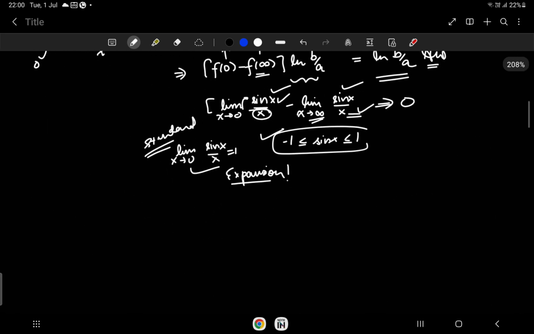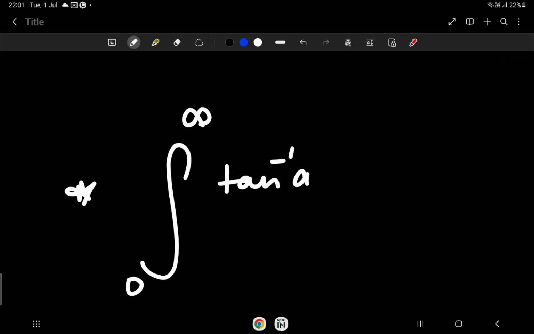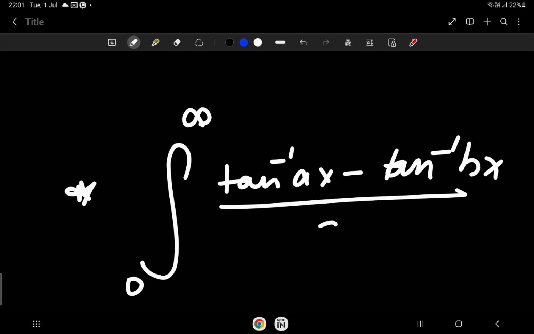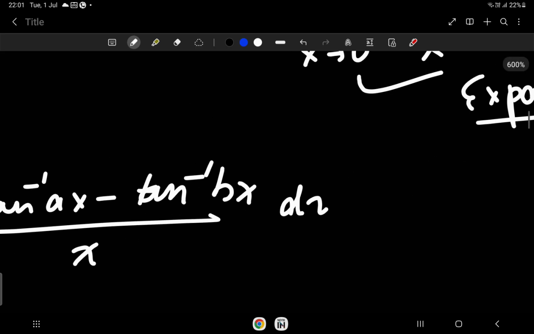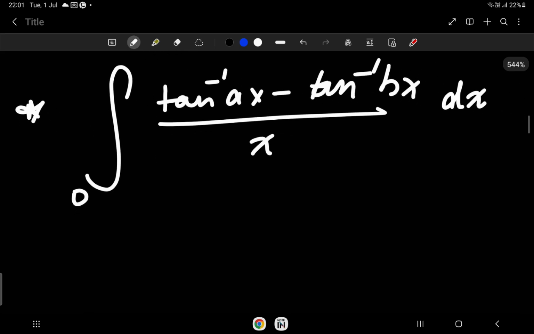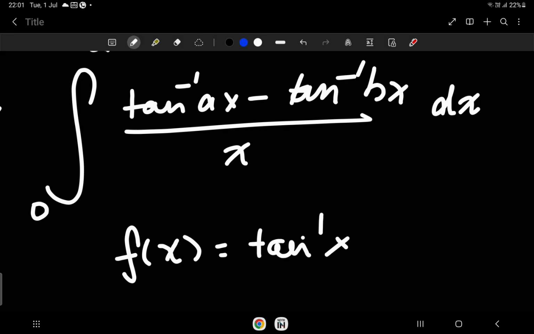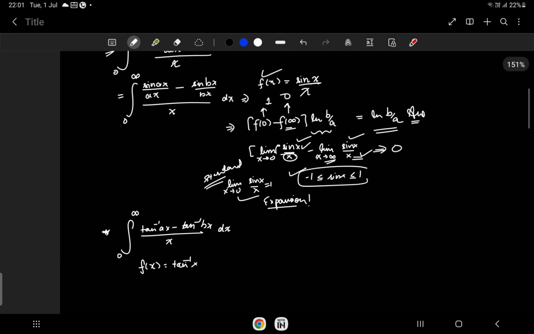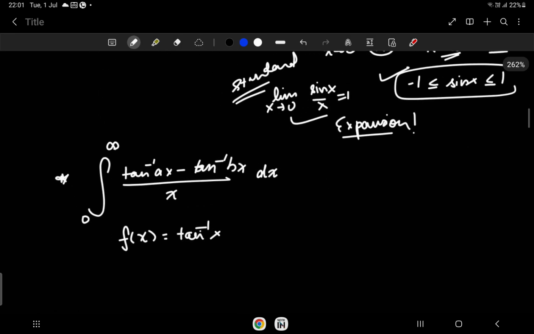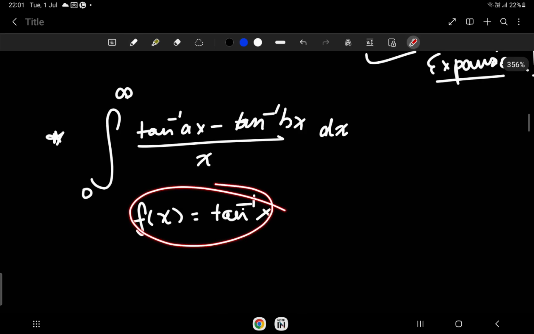Now let's look at another question based on the Frullani's integral: the integral of (tan inverse ax minus tan inverse bx) by x dx. Here it is pretty clear that f(x) is tan inverse x.